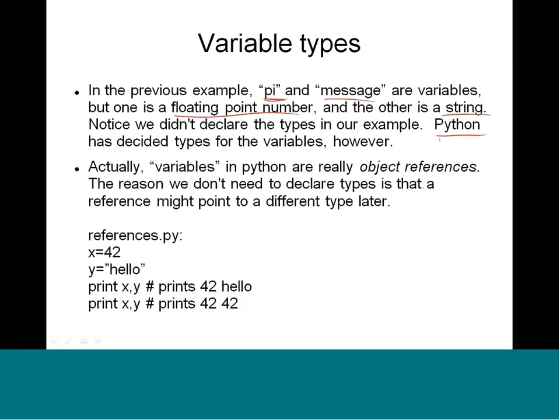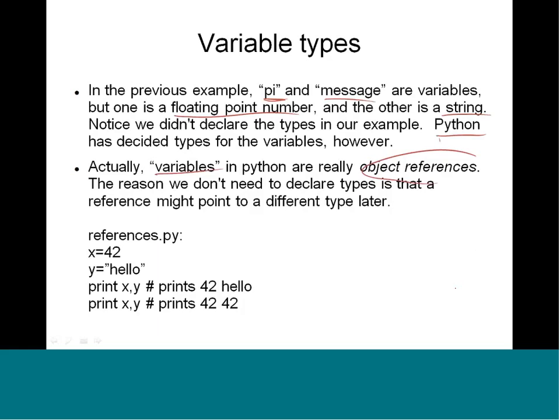So in Python, the concept of variables is just an object reference. We saw some of these concepts in Tcl as well, when we talked about associative arrays and things like that, where the index is basically just a placeholder, an object reference. The reason we don't declare the types is because the reference might point to a different type later on.